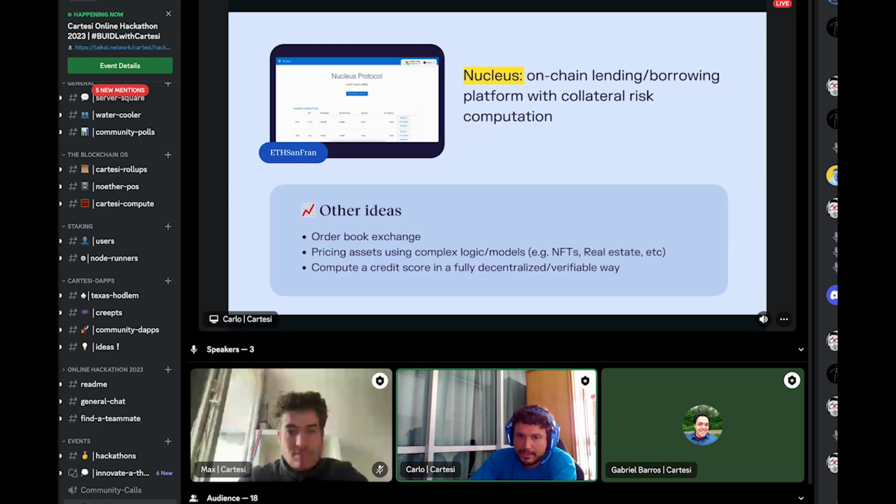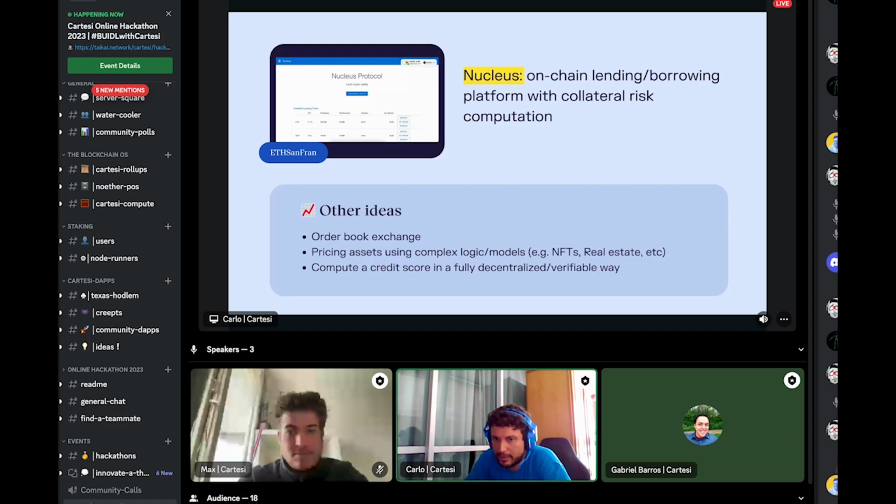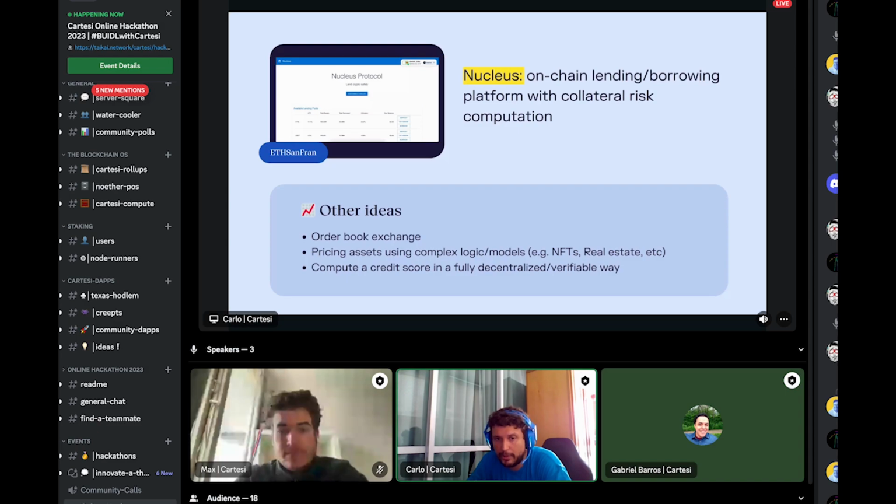There are always these things that you can do, like we showed GAR and other projects that can use complex models to evaluate the price of real estate and other assets. It could be digital assets like NFTs. It could be other real world assets like cars, like crops, any kind of commodity.